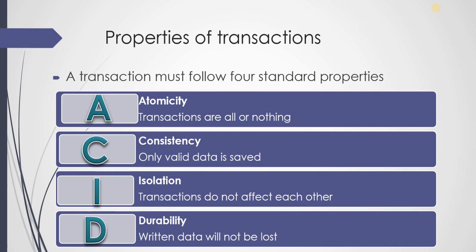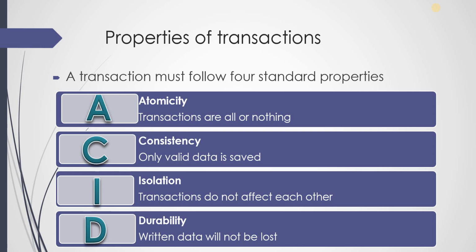The third property is isolation. Isolation means the transactions do not affect each other. When we consider an example for this, let us consider that person A is transferring 500 rupees to person B, and at the same time person A is transferring 200 rupees to person C. In this, there are 2 transactions which are initiated by person A. Both the transactions should be completed irrespective of the other transactions.